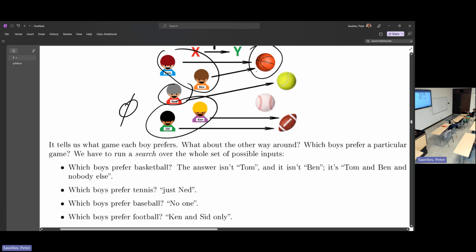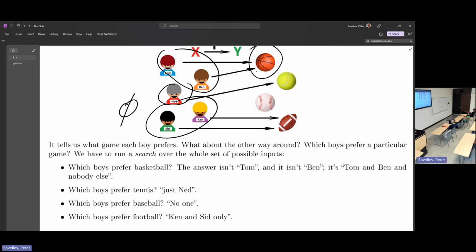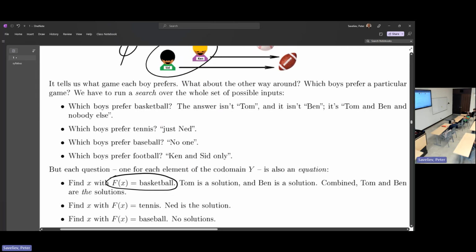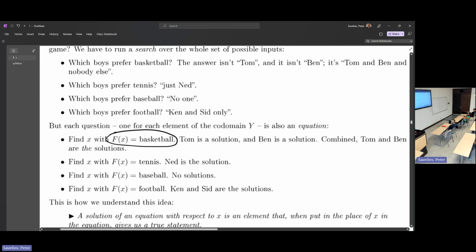So once again, one function, and for each of the outputs in the codomain there is an equation in the literal sense, and solving them would frequently be our task. So these equations, the solutions are here.